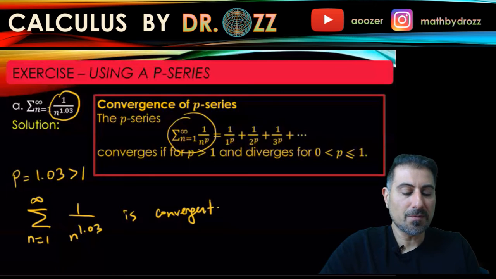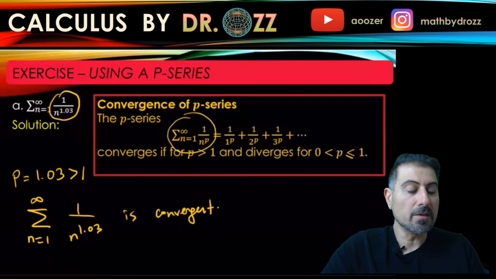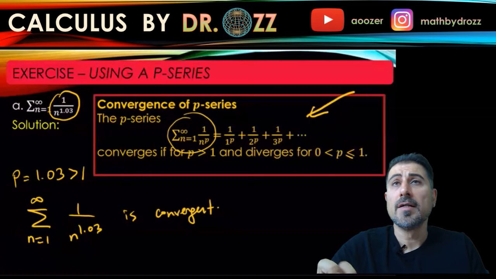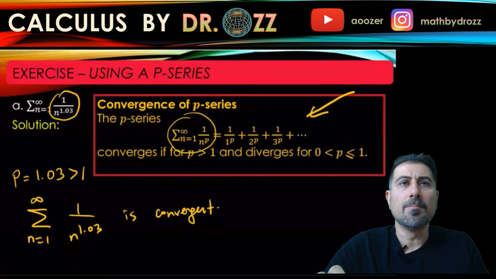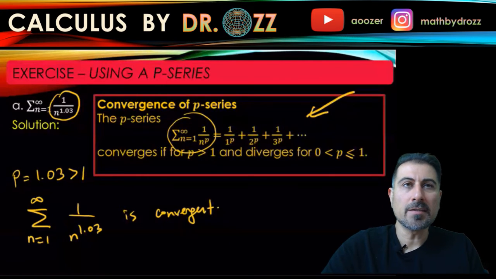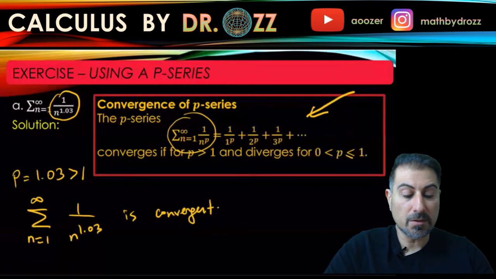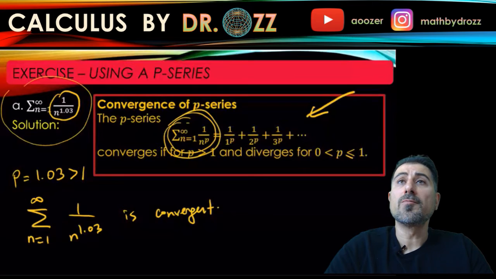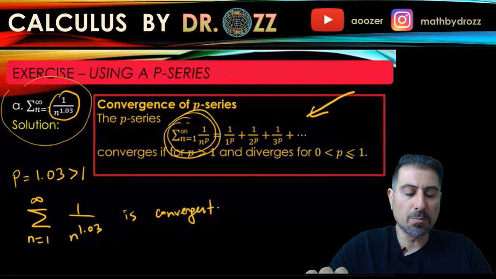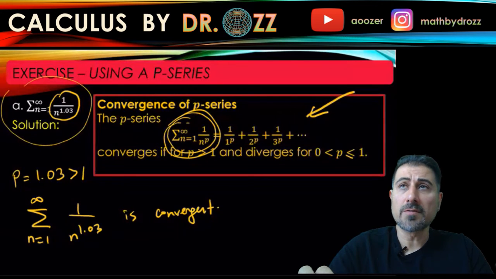In fact, the proof of this result relies on the integral test, but we are completely bypassing the integral test for this series. We are just using this result to prove convergence or divergence.